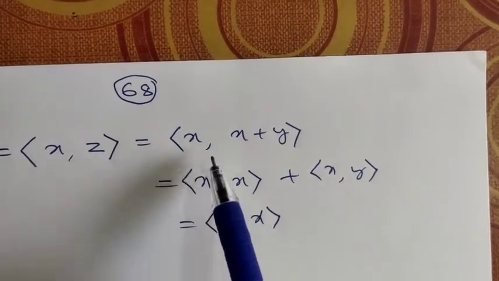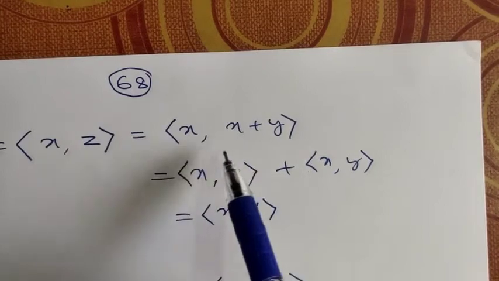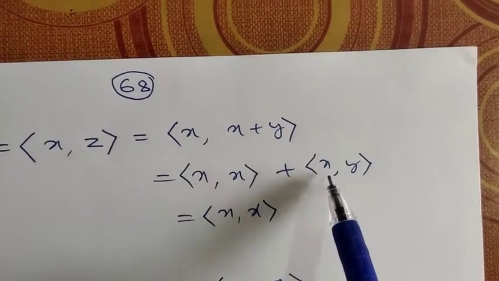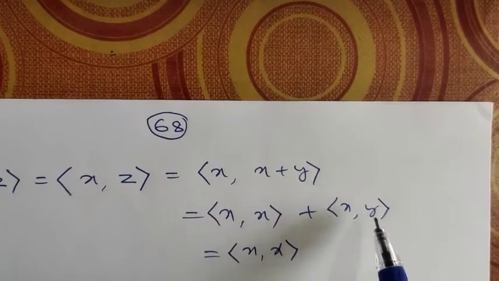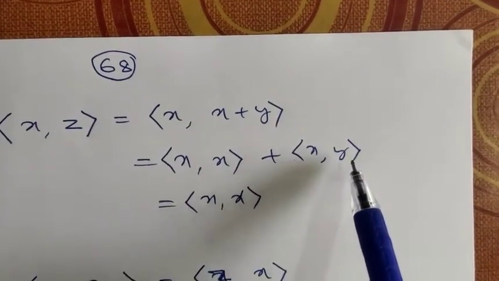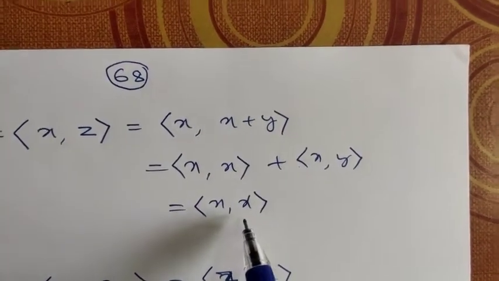So this is equal to the inner product of x comma x plus the inner product of x comma y. Now x belongs to M, y belongs to N, and M and N are orthogonal, so the inner product of x, y is 0. Therefore this is equal to only x comma x.